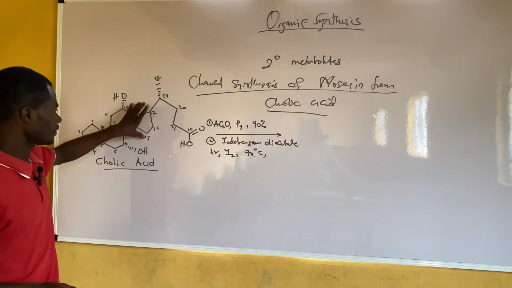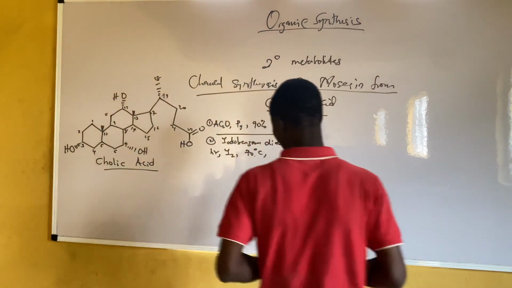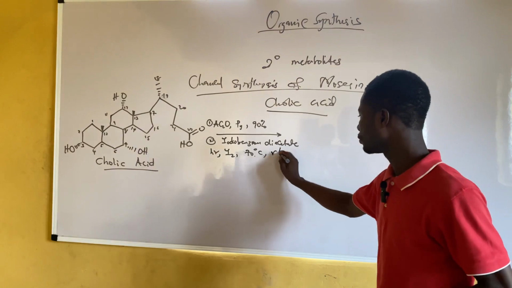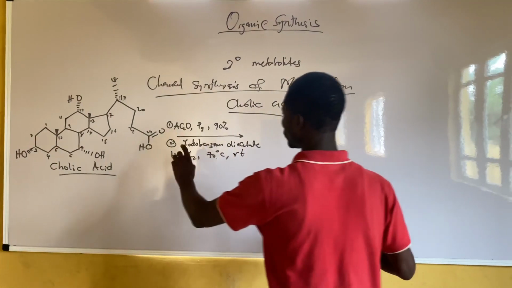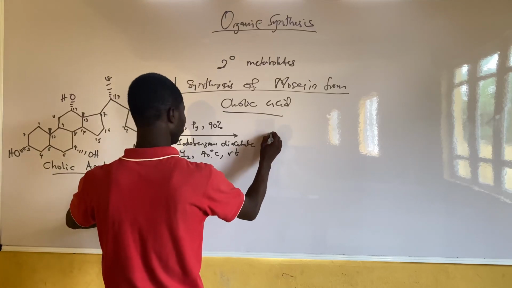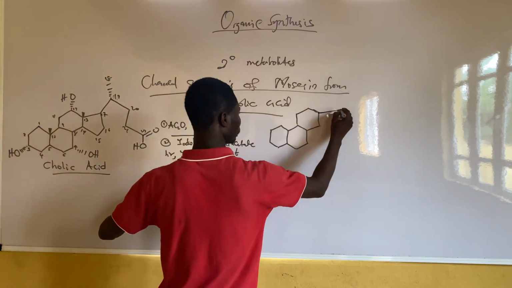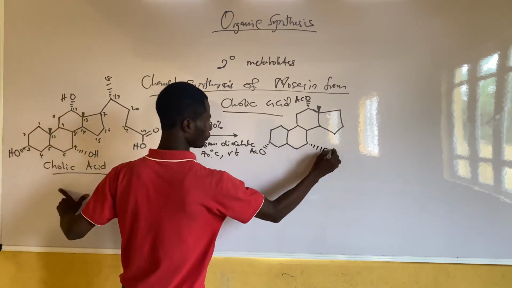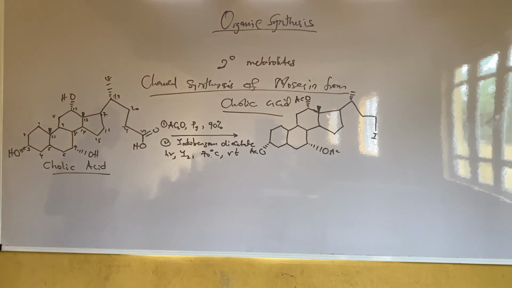We first treat this, followed by this, and then we can generate our product. Don't forget, at room temperature. If we do that, then the result is this. That's not actually where we are going.